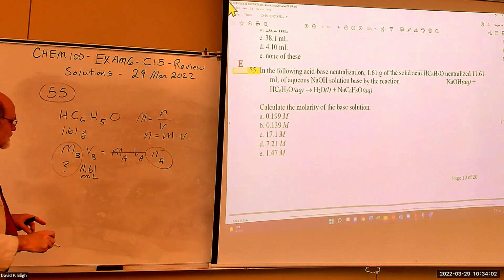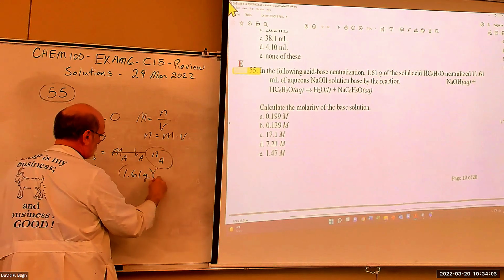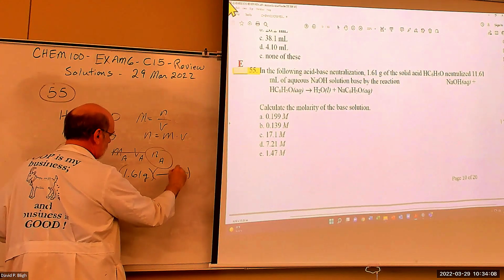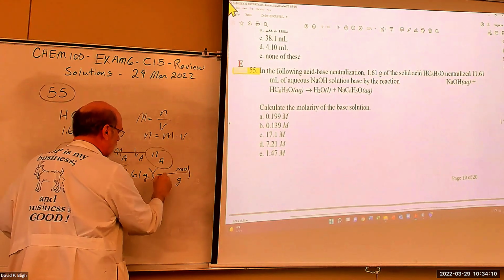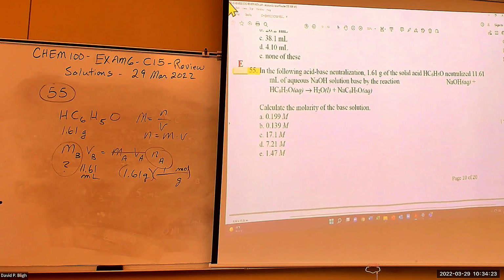So the moles of acid is what? 1.61 grams. And all we need is a molar mass for that compound. Right? So we have 6 carbons. If I'm right, I got 94.1. Okay. Yep.